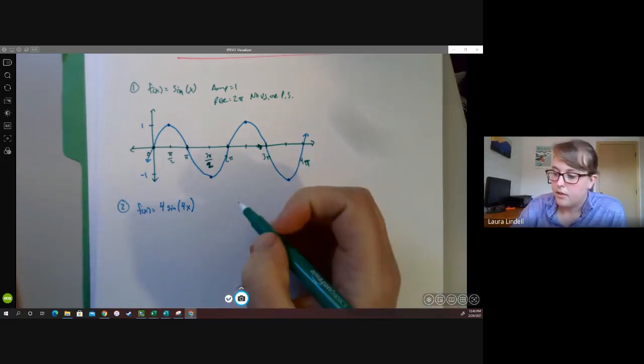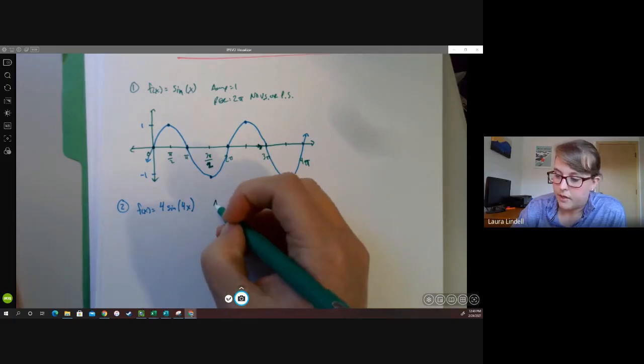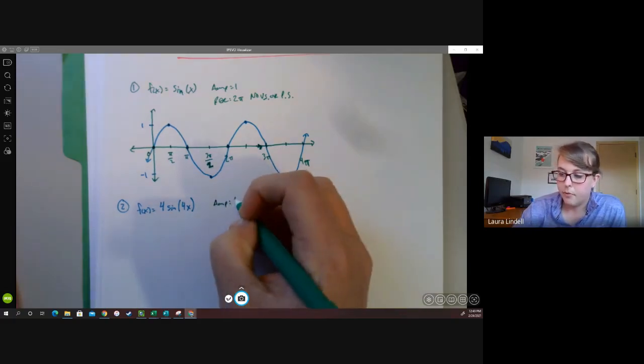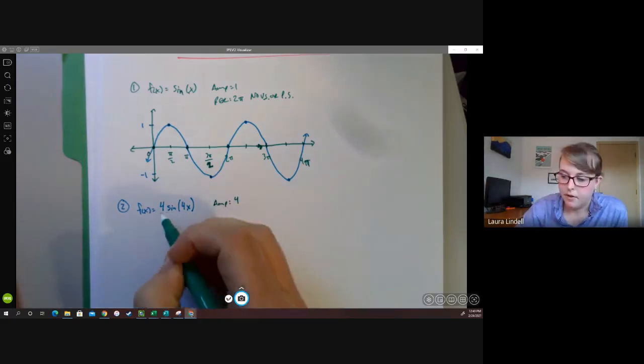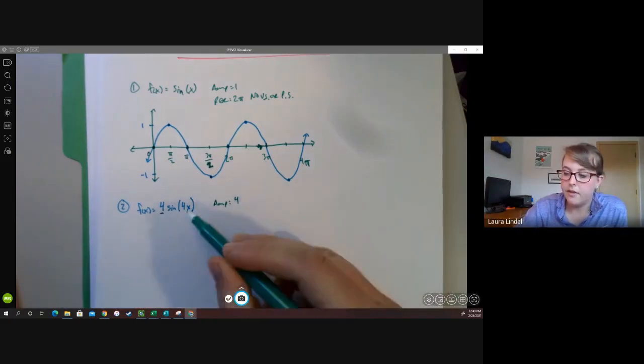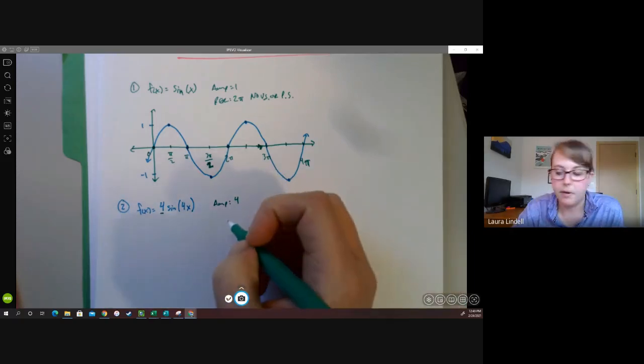Okay, so 4 sine of 4 theta, that tells us that our amplitude is going to be 4 because of the coefficient here. And then sine of 4x tells us that we're going to be changing the period a bit.